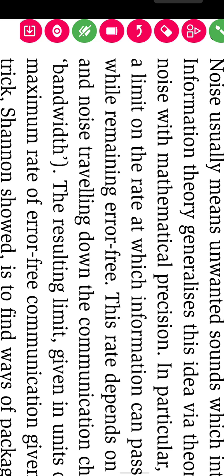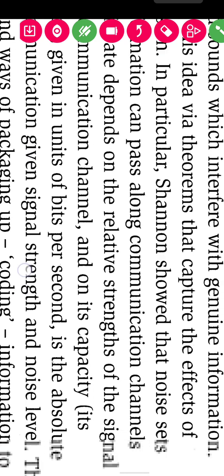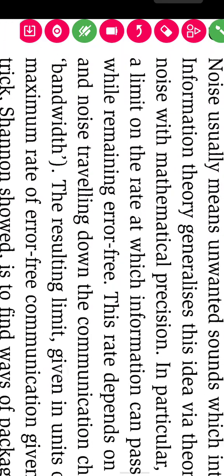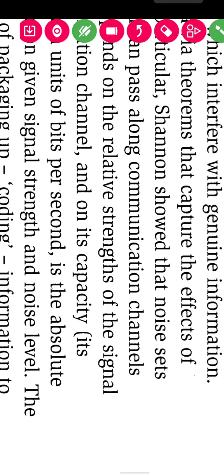The resulting limit given in units of bits per second is the absolute maximum rate of error-free communication given signal and noise level.